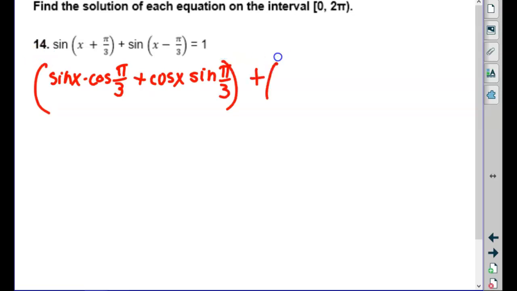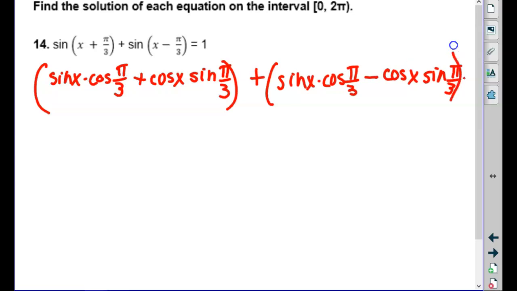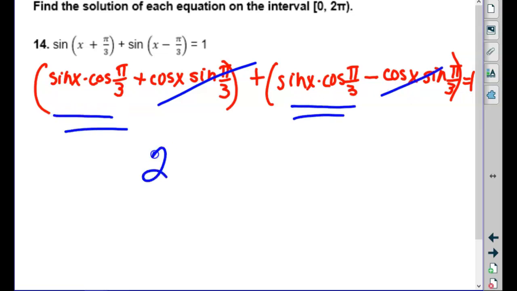And then when it's minus, it goes sine cosine minus cosine sine, equals 1. Okay, are these parentheses doing anything? Because it's plus, they're not really doing anything, right? So can we combine any or get rid of any terms? This is the same, right? And then these are the same, so we could add them together.